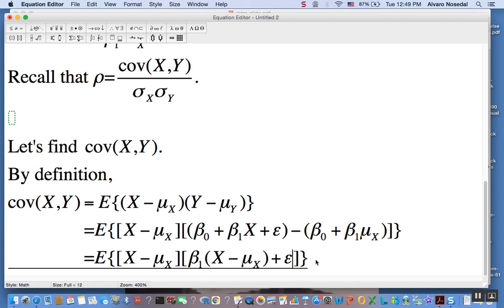Same thing, right? All we did was beta 0 minus beta 0 cancel out. Then we have beta 1 x minus beta 1 mu sub x, and that epsilon also survives. We just factored out that beta 1, and that's it. So no mistakes so far, right? We're good.